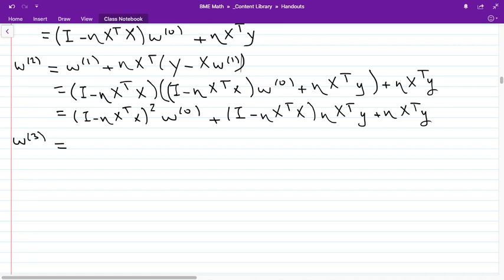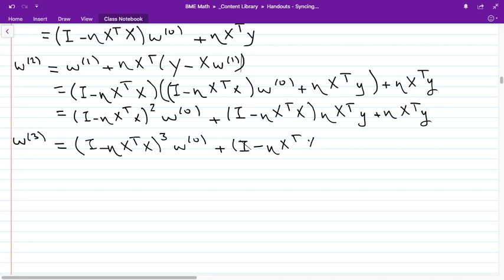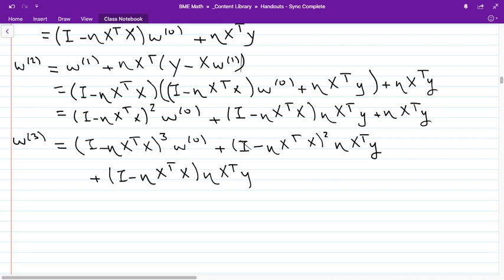It's going to be equal to, if I multiply it out, I minus eta x transpose x cubed times the initial condition W0, plus I minus eta x transpose x squared eta x transpose y, plus I minus eta x transpose x eta x transpose y, plus eta x transpose y.